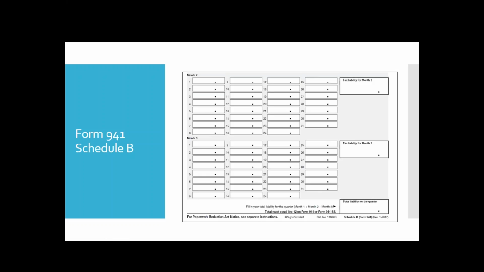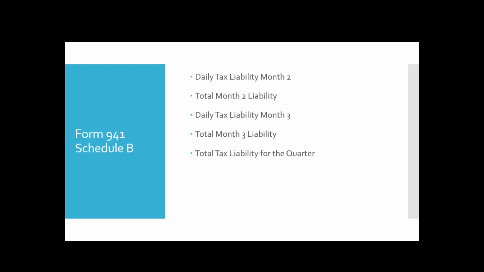It should match that perfect number on line 12 from above. If you've balanced your pay periods and your months and your quarters, that's going to make this number perfection, and everything's going to be wonderful.